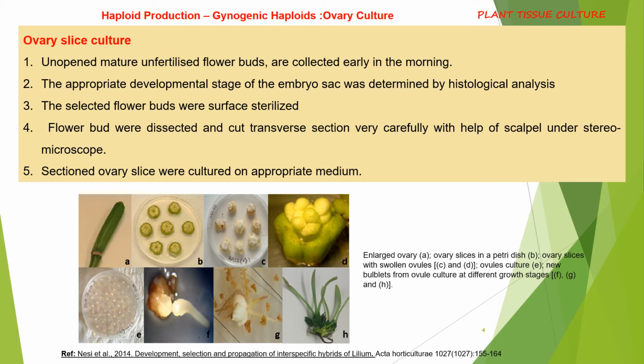The selected flower buds are then surface sterilized and the ovaries are cut in transverse section and inoculated into appropriate media. The picture below shows ovary slice culture for propagation of interspecific hybrids of Lilium.